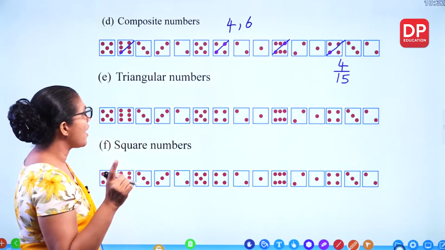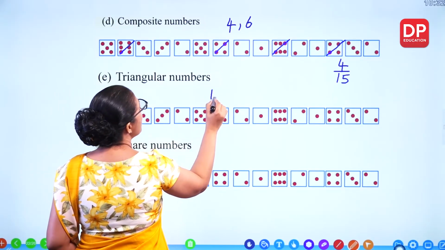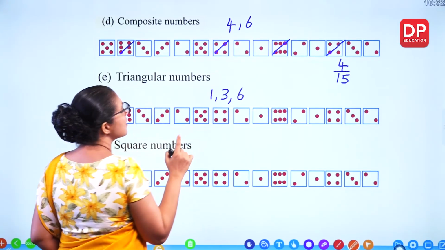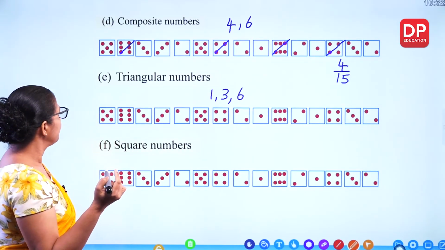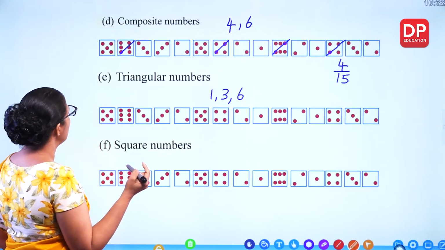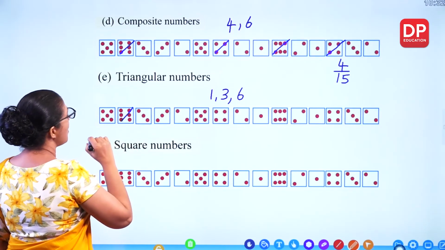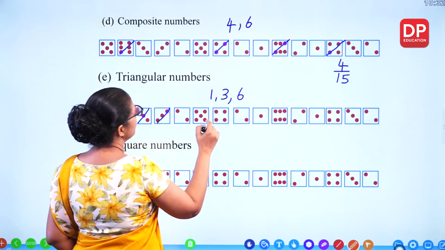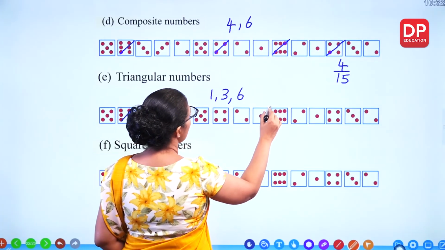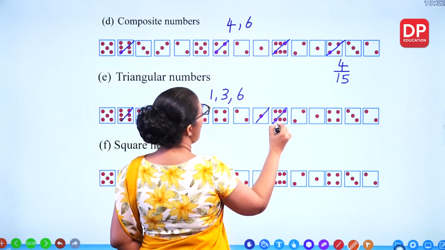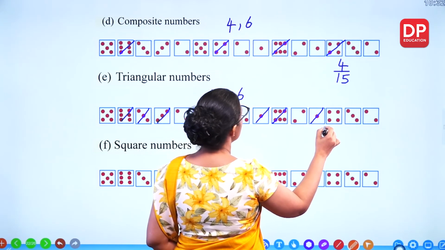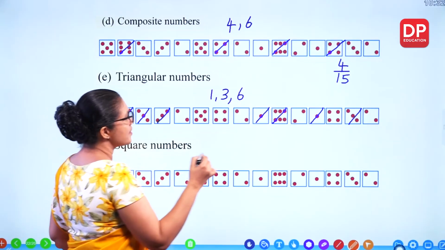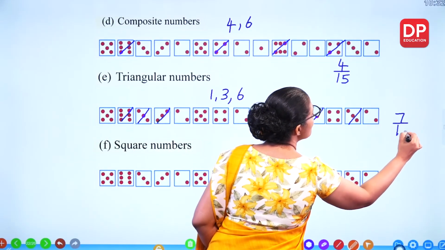Triangular numbers. What are triangular numbers? 1, 3, 6. Count how many? 1, 2, 3, 4, 5, 6, 7. 7 occurrences out of 15.